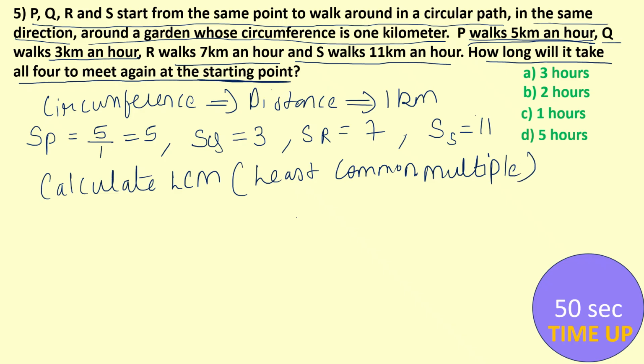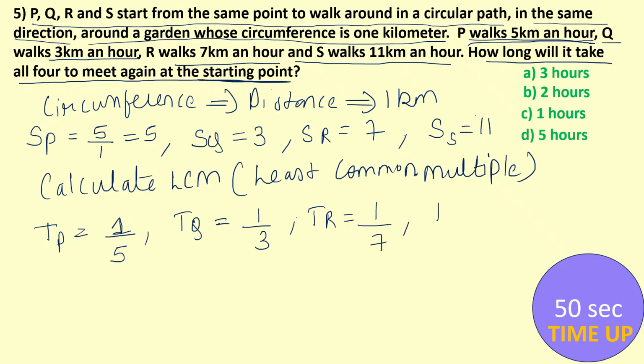So time taken by P will be the distance upon the speed. So distance is 1 kilometer and the speed of P will be 5. Similarly, for Q it will be 1 by 3. Then for R it will be 1 by 7. And for S it will be 1 by 11.